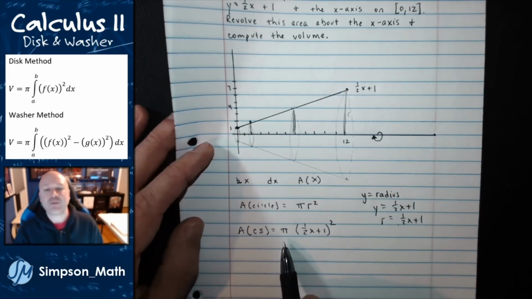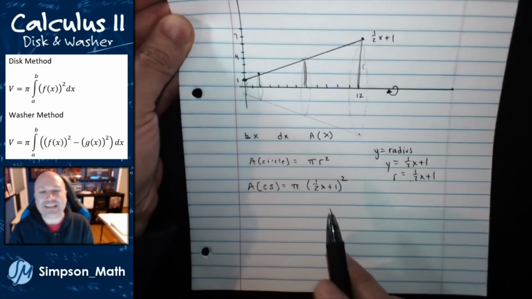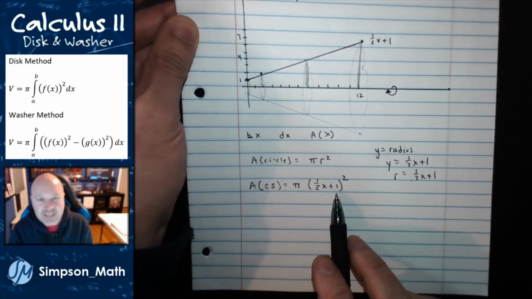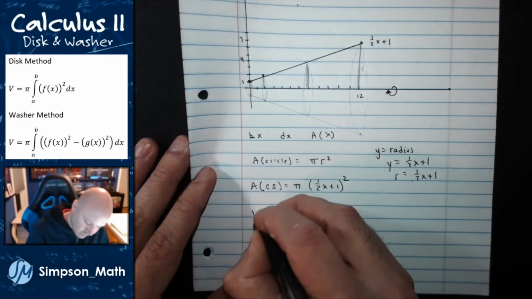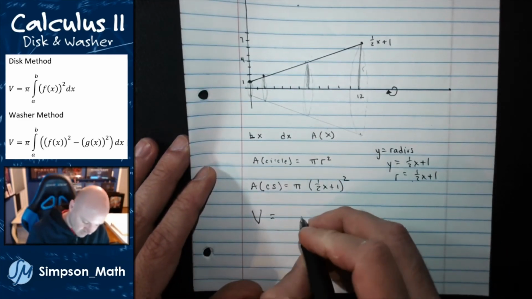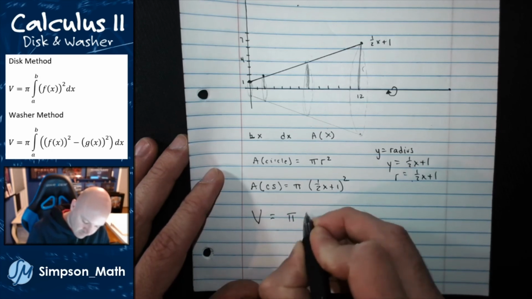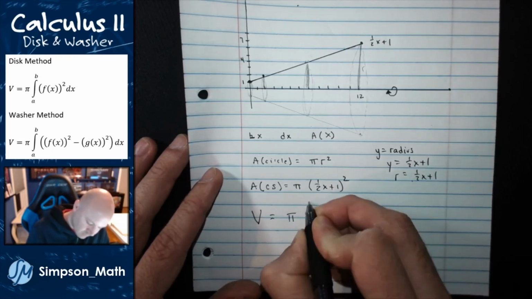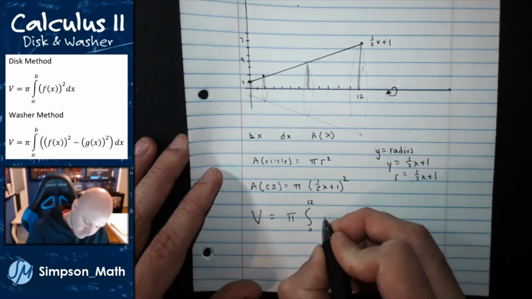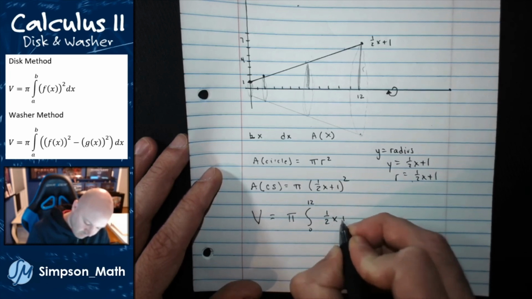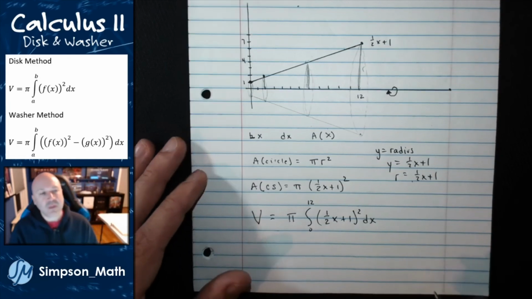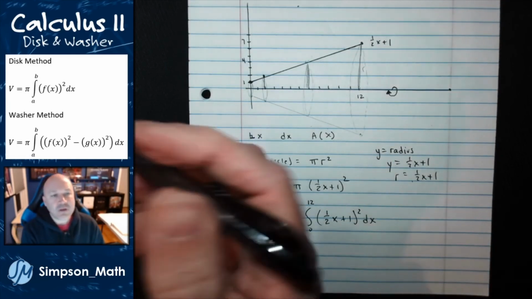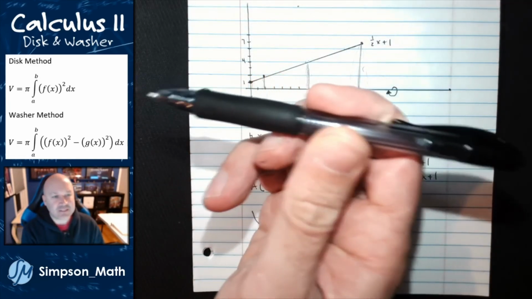And we know that in order to calculate the volume, we can integrate that cross section along the interval 0 to 12, with respect to x.